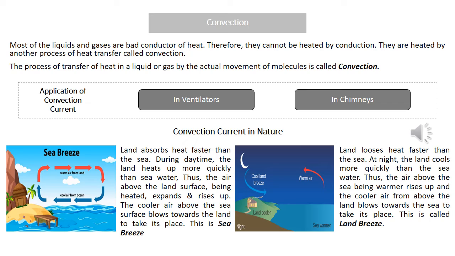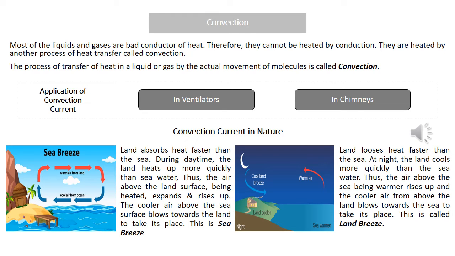So above the sea, the air will get heated now. And this air, being warm, is lighter. As it is lighter, it will rise up, and the cooler air from above the land will go towards the sea to take its place. This is called land breeze. As is clear from the name, land breeze.